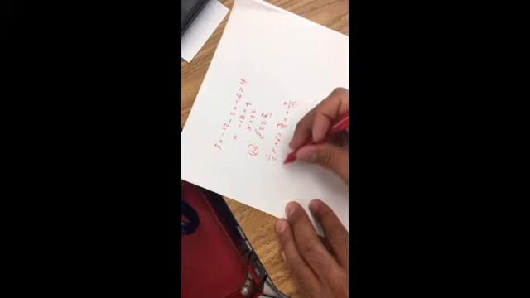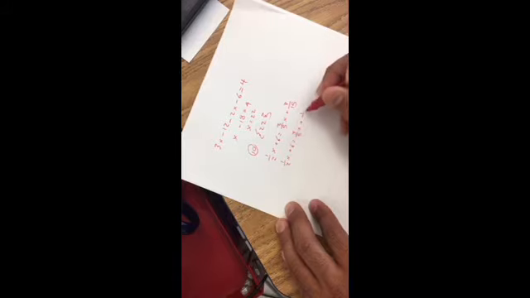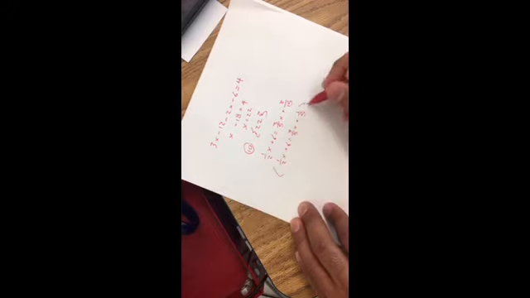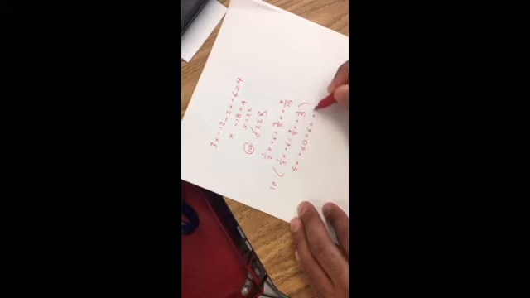I'm going to simplify this. Then I'm going to multiply everything by 10 to get rid of my fractions. I'll subtract this, divide by negative 1, put it in roster notation.